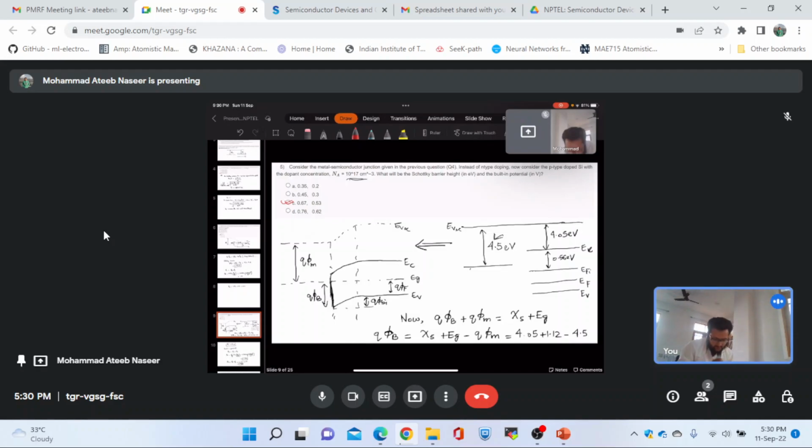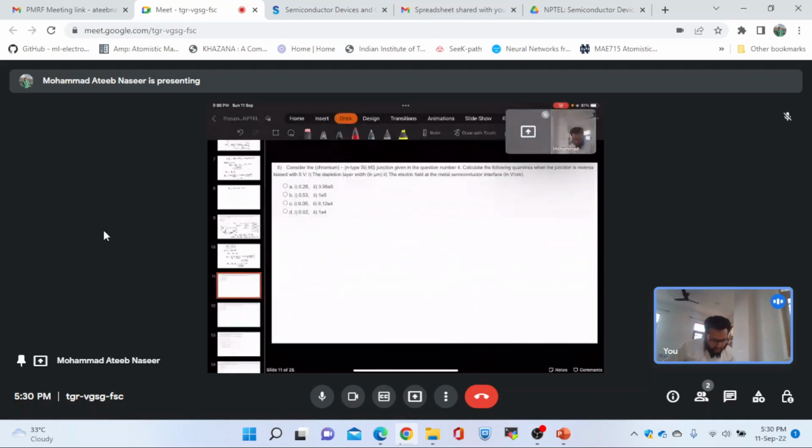Now we have been given a question which is related to the previous question, the fourth question. It says that we have some chromium metal, which is the same case as the previous one. This metal is in contact with the n-type semiconductor, and in this case we have been given some reverse bias. In this reverse bias, we have to find the depletion width and the electric field at the semiconductor interface.